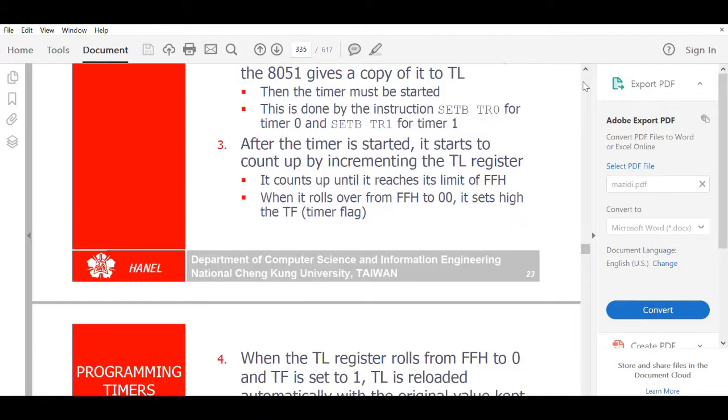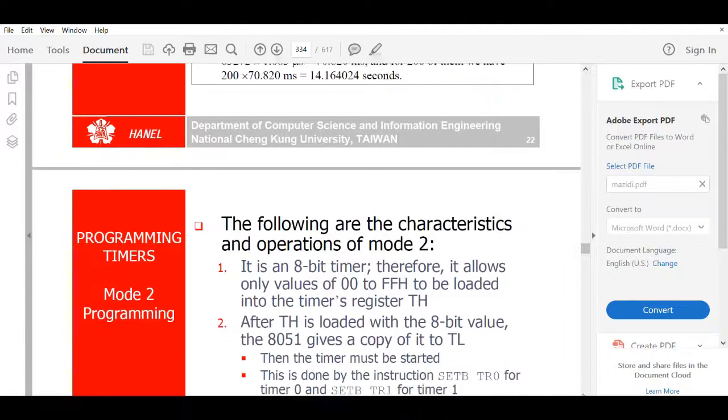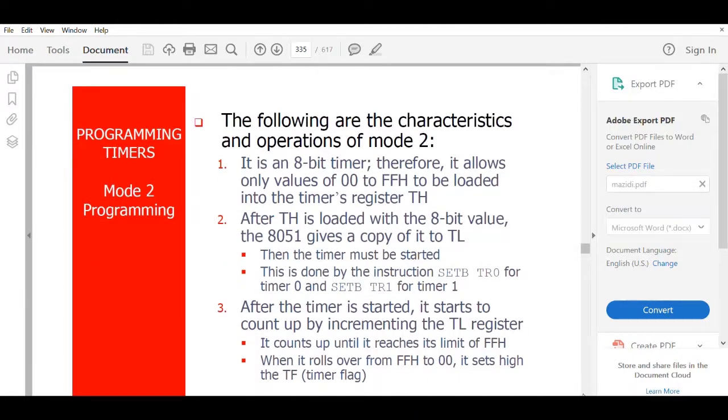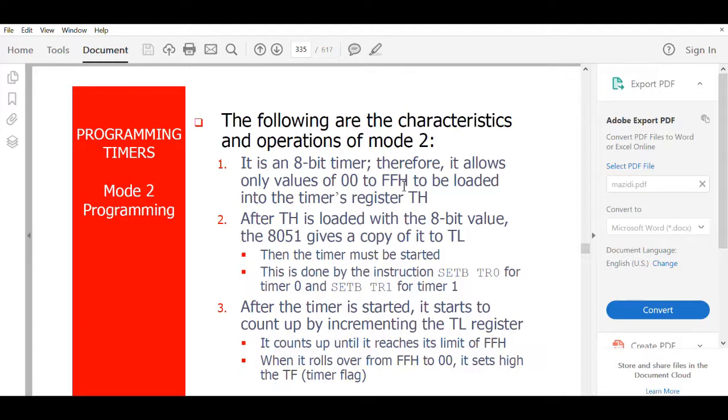So let's come to the characteristics of mode 2 counter. Having seen the setup, it's an 8-bit timer, as we already know. It will count from 00 to FF. After TH is loaded with the 8-bit value, the copy is given to TL.